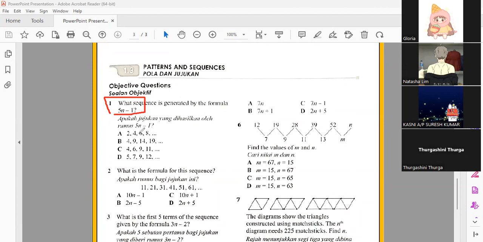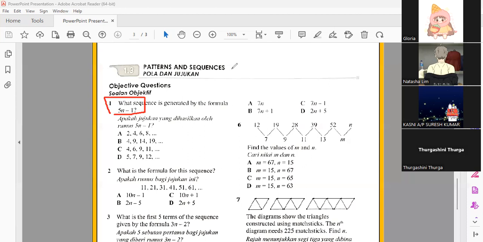How do you do this? Literally, you got to create that sequence using this formula. What do I mean? If n is 1, guys, can you see my screen share? Do you see the question on your side?